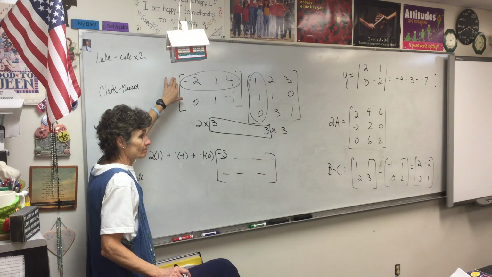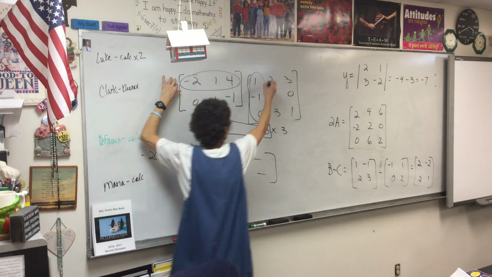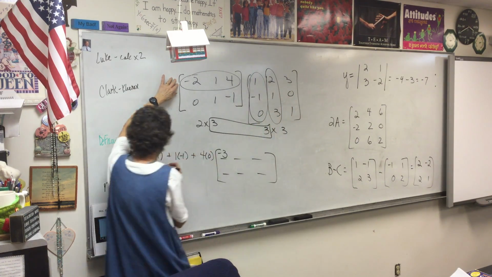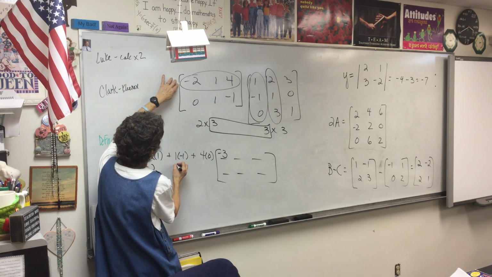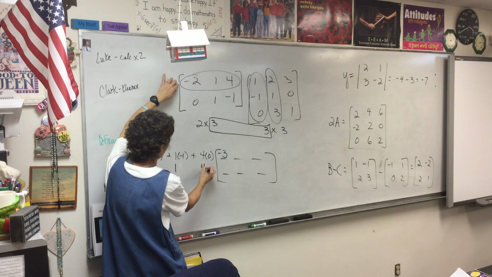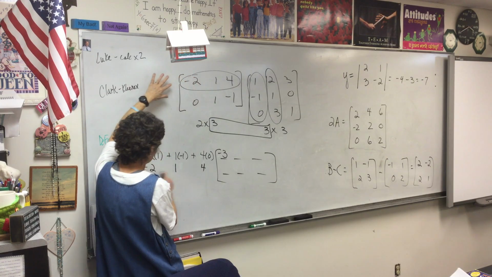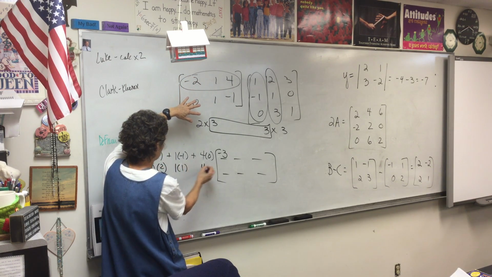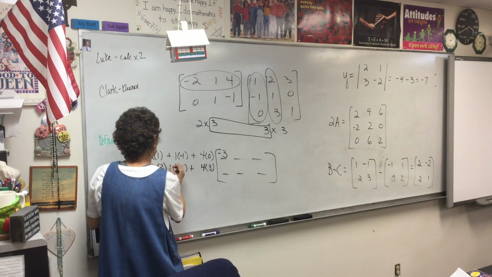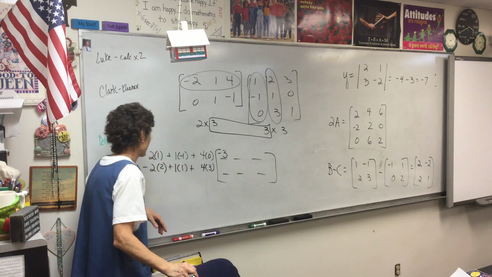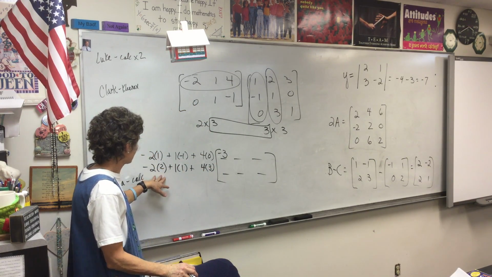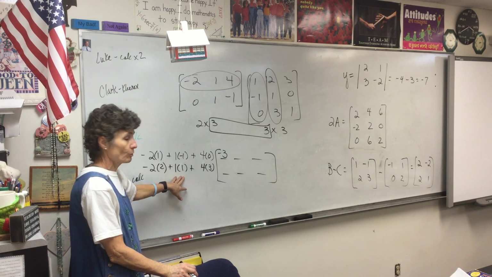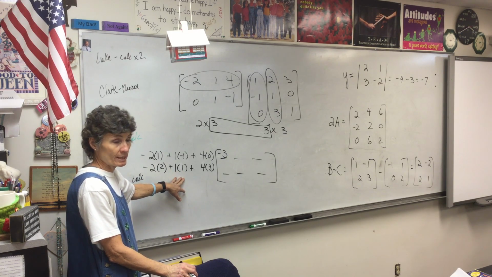All right. Row 1, column 2. So write down your negative 2, your 1, and your 4. That's your row 1. Now your column 2, 1, 3. Negative 4 and 1 would be negative 3.